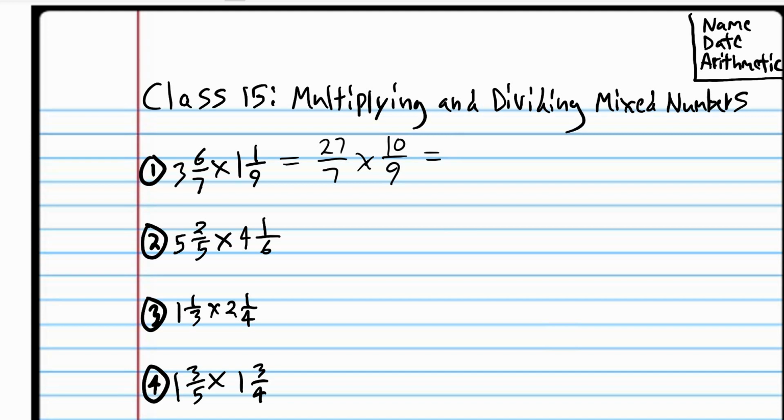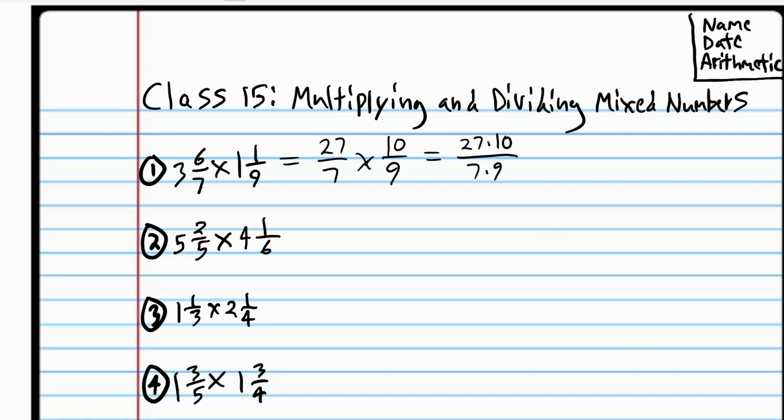Remember, when you multiply fractions, you just multiply the numerators straight across, and you multiply the denominators straight across. We learned that in class, I believe it was class 13. So 27 times 10 and 7 times 9.